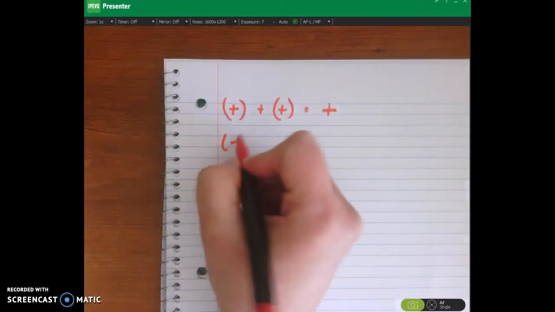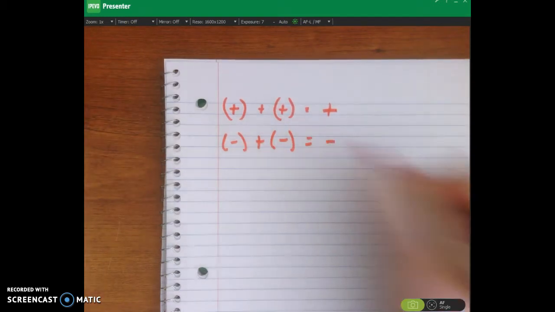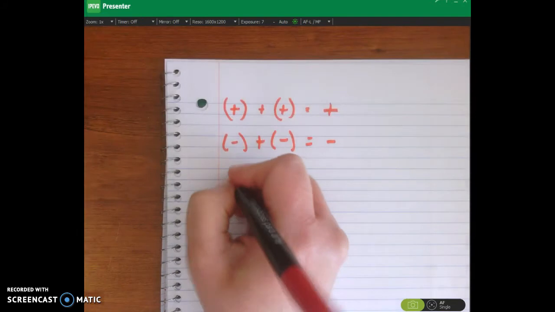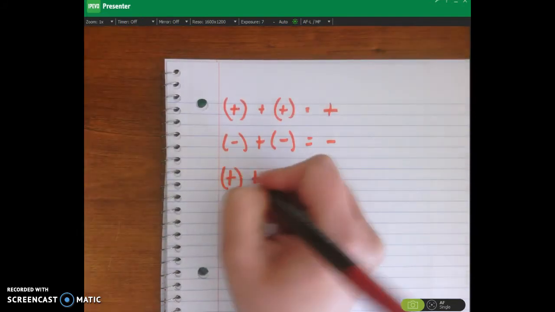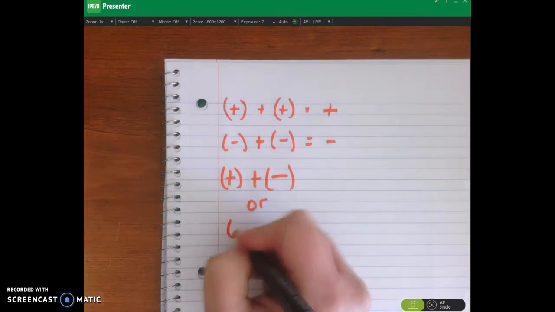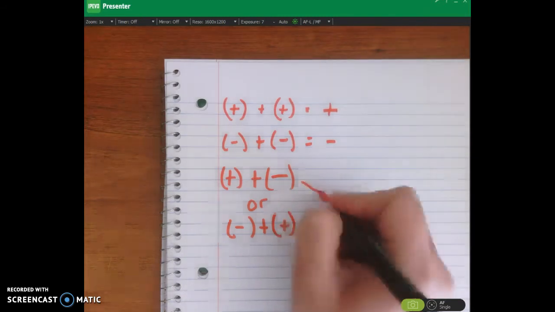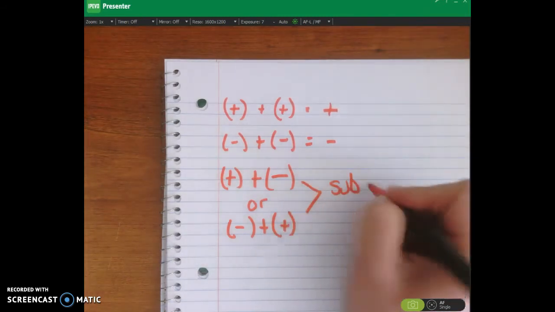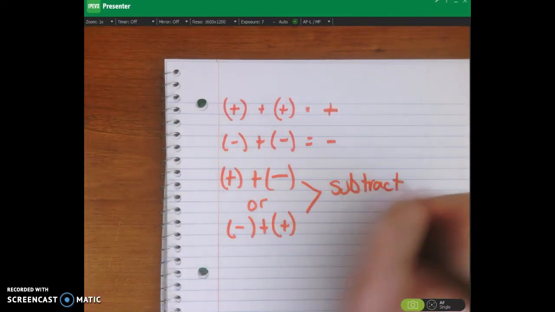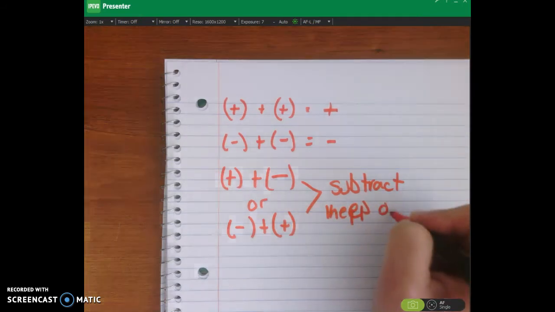If you add a negative plus a negative, you will get a negative answer. Okay, if you have a positive plus a negative, or a negative plus a positive, for these you subtract and keep the sign of the larger number.